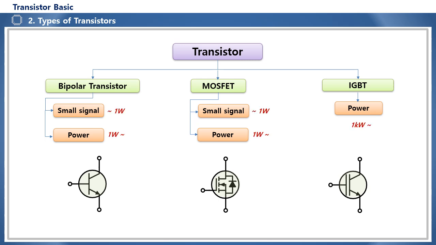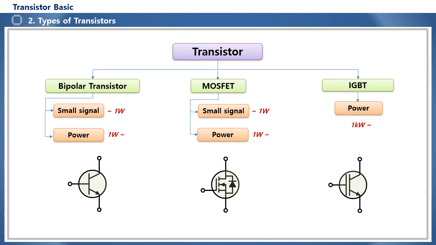Depending on the allowable power, they are classified into small signal types of less than 1 watt and power types of 1 watt or more. Depending on the mounting type, they are also classified into lead type and SMT type. And bipolar transistors are classified into NPN and PNP, and MOSFETs are divided into NMOS and P-type MOSFETs.